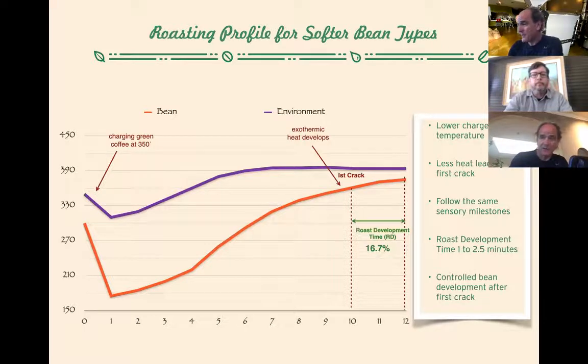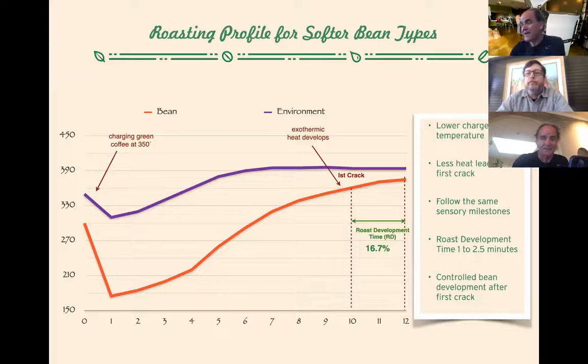For a softer bean type, in order to come out with a flavor in the cup that is not underdeveloped or overdeveloped, typically a roast development time in this example of 1 to 2.5 minutes will set you up for the best success.